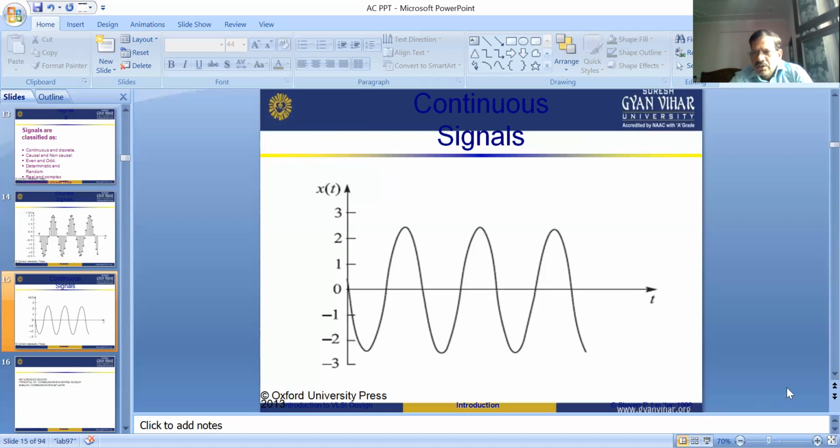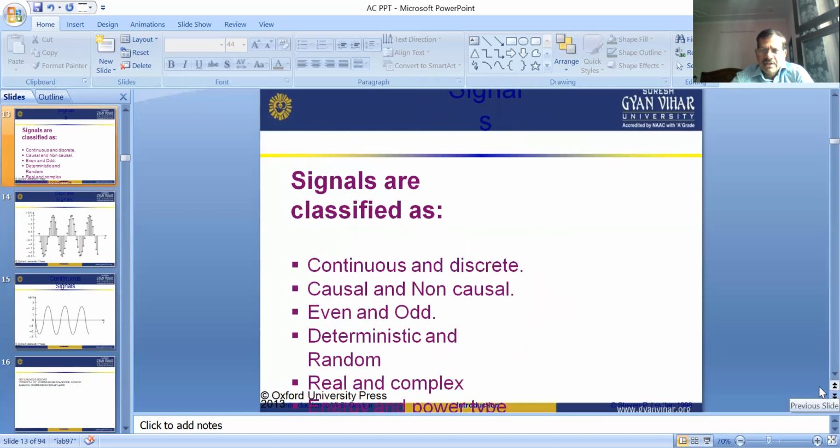This is the basic introduction of different signals.